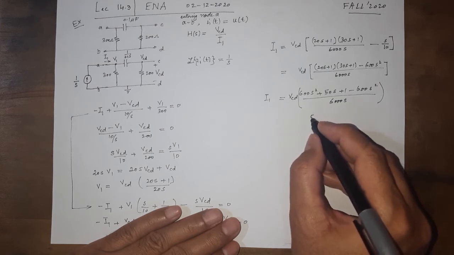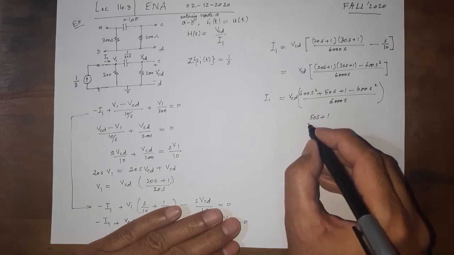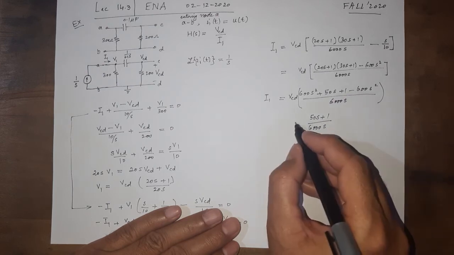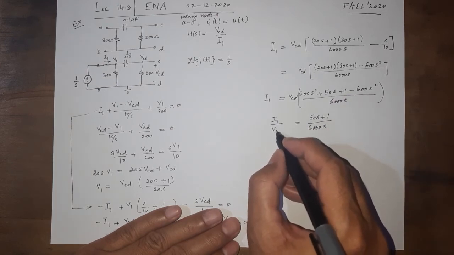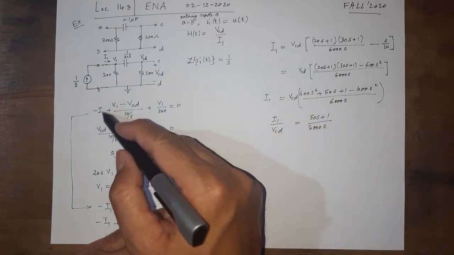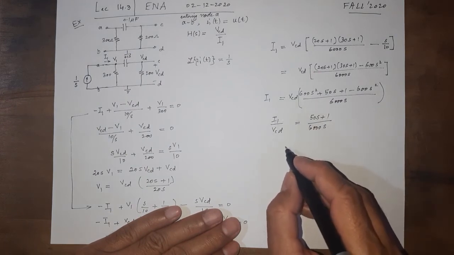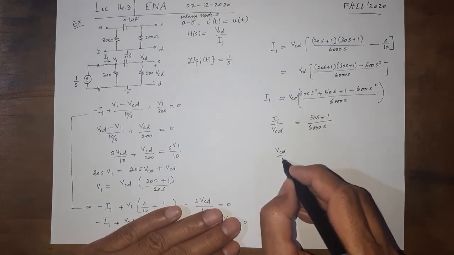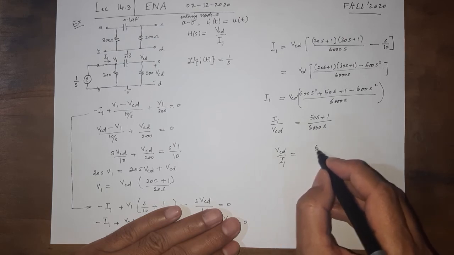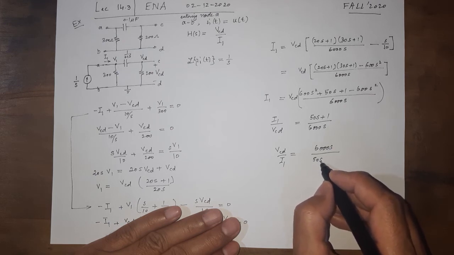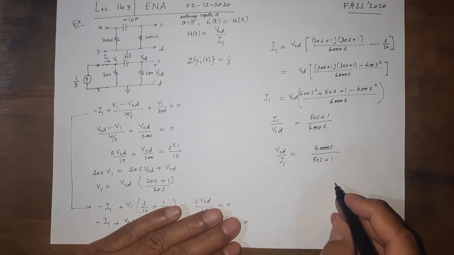So we get 50s plus 1 over 6000 s is equal to I1 over VCD. You see, we have not used what I1 is, 1 over s. We don't need that because we are interested in finding a ratio, and therefore VCD over I1 is 6000 s over 50 s plus 1.